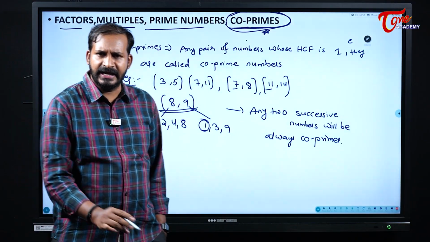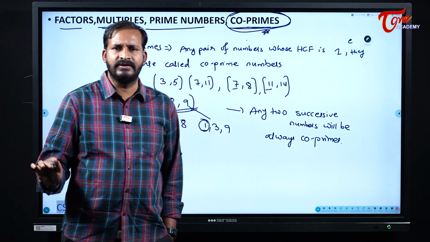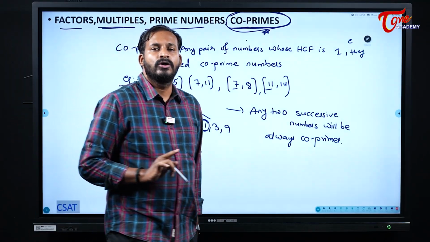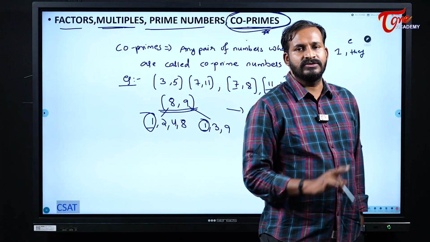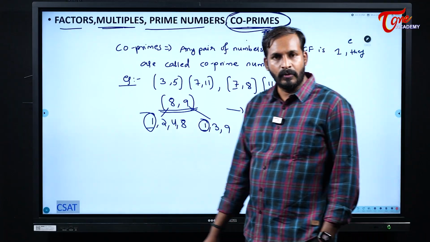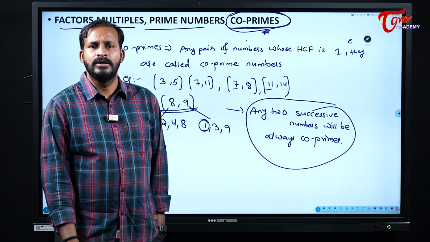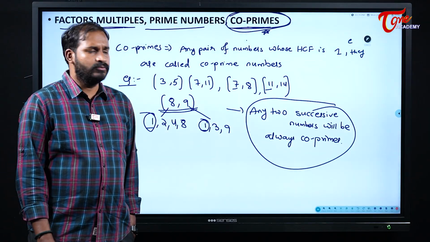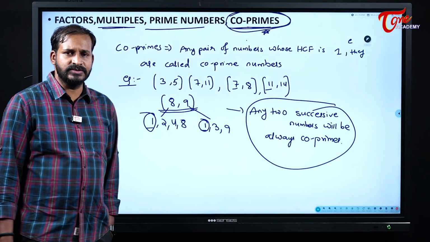That means 8, 9; 9, 10; 10, 11; 12, 13; 14, 15; 16, 17. All these will always be co-primes. Means any two successive numbers will always become what for us here? Co-primes. There is no other chance. Definitely the two successive numbers become co-primes.